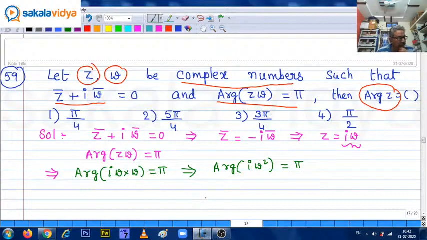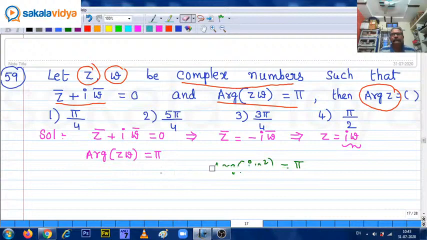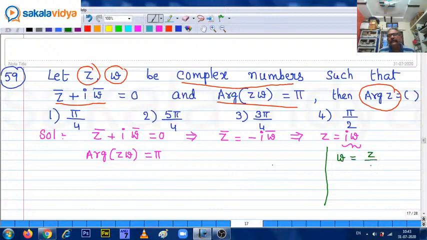Sorry. We need to find out arg z, not arg z square. Wait, I will do the question now. Okay. So with the help of this, now we can have the omega value. What is omega? Z by I. Multiply with I and divide by I; I square is minus 1, so omega equals minus I z.